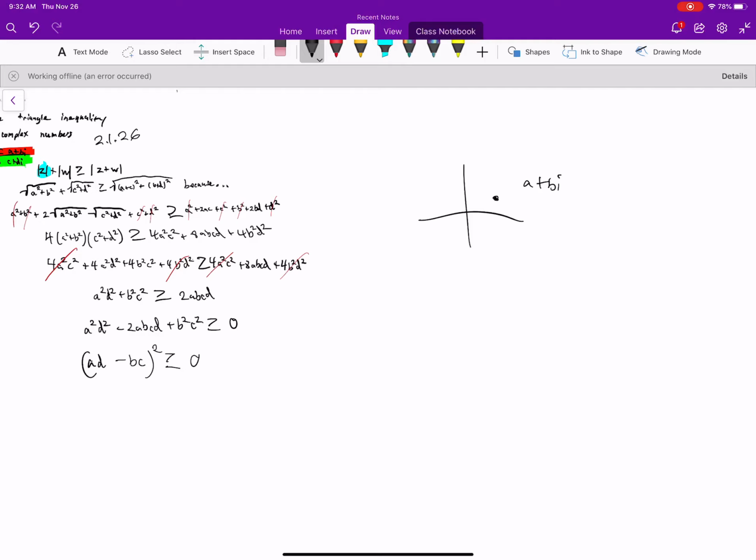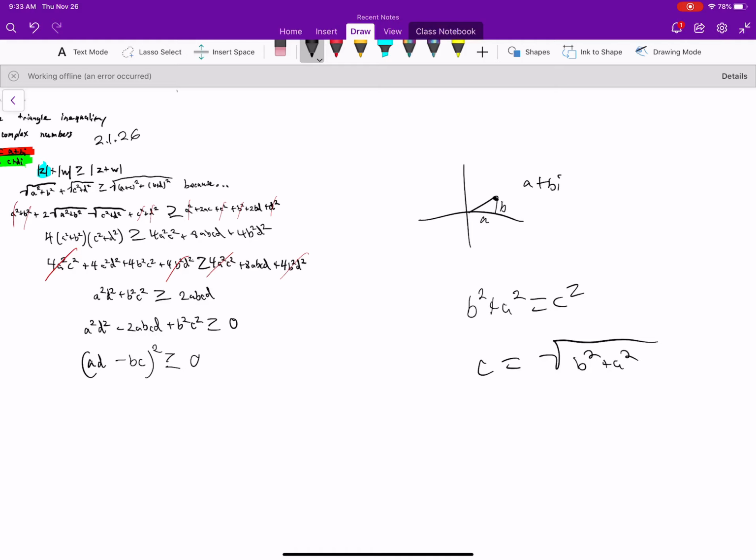To find the magnitude, or this distance, that hypotenuse, we just use the Pythagorean theorem. So this is a, this is b, so b squared plus a squared is c squared. Take the square root of both sides, and we end up with c is the square root of b squared plus a squared.